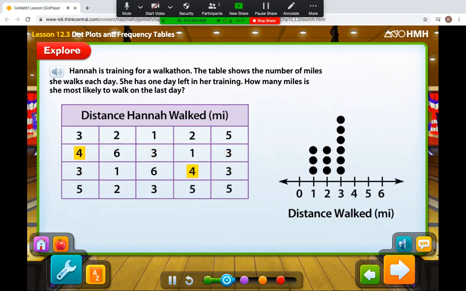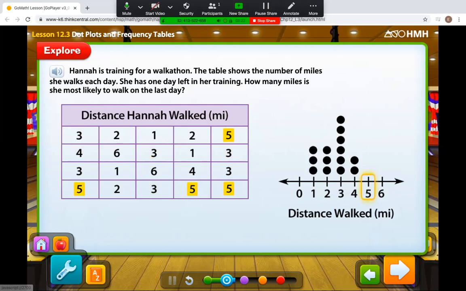Now let's plot the data for 4 miles. We have 4 2 times. So basically we're going to plot 2 dots. Since Hannah walked 4 miles 2 times, there are 2 dots above the mark for 4 miles. Now let's plot the data for 5 miles. 1, 2, 3, 4.